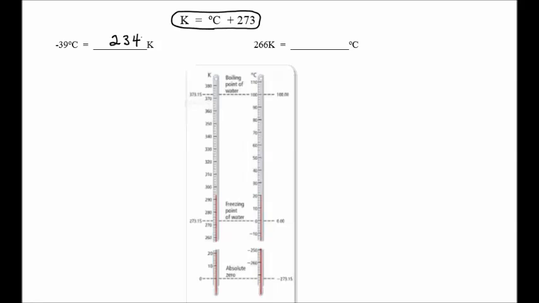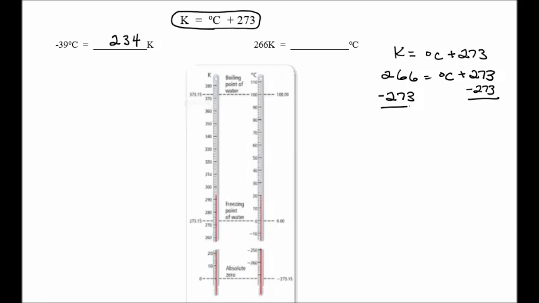For the other one, Kelvin is equal to Celsius plus 273. So if we have 266 equals degrees Celsius plus 273, we subtract 273 from each side, and degrees Celsius is equal to minus 7.